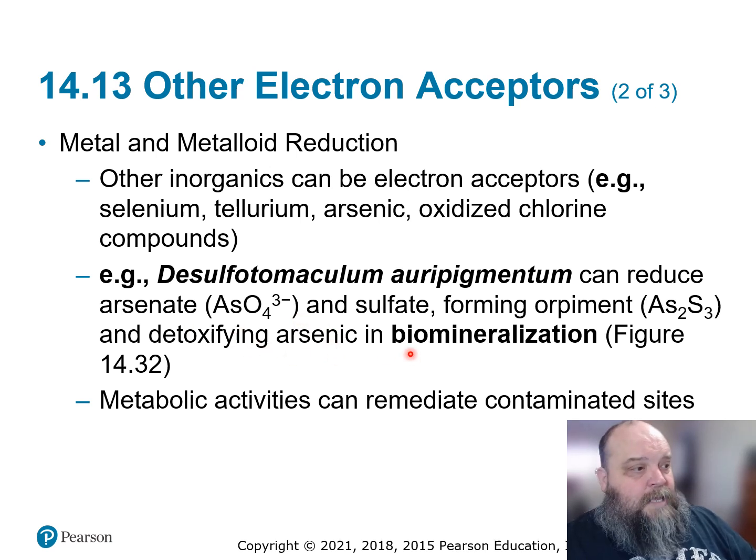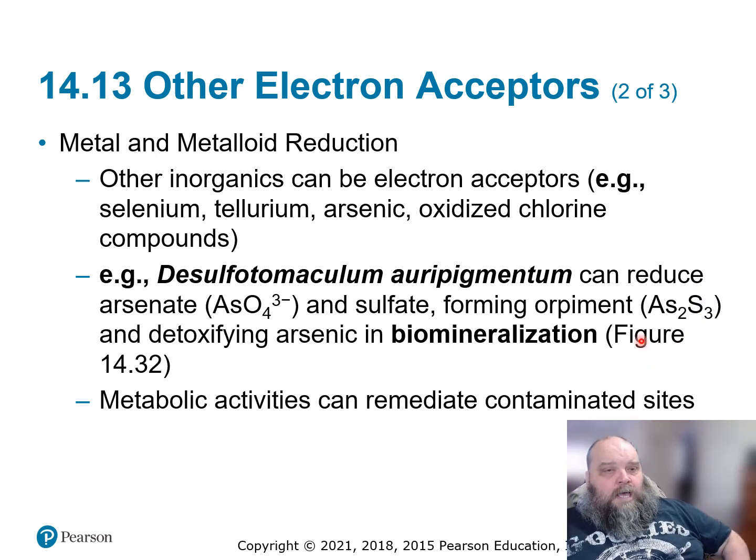Cool. This is Mother Nature's very own. Okay, we couldn't do this. We couldn't even figure out how to make this happen. But we do know that this is great in biomineralization, taking arsenate that may be in the environment in a toxic form and turning it into a non-toxic arsenic-sulfur compound.